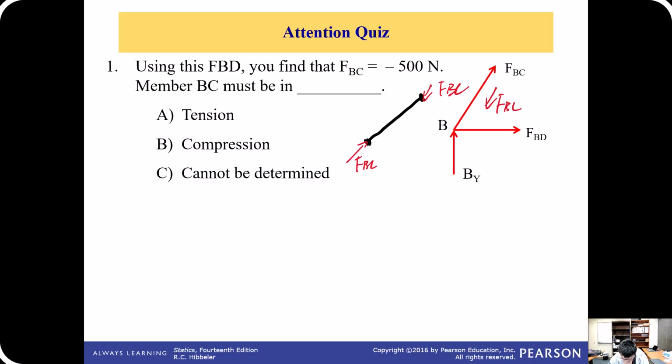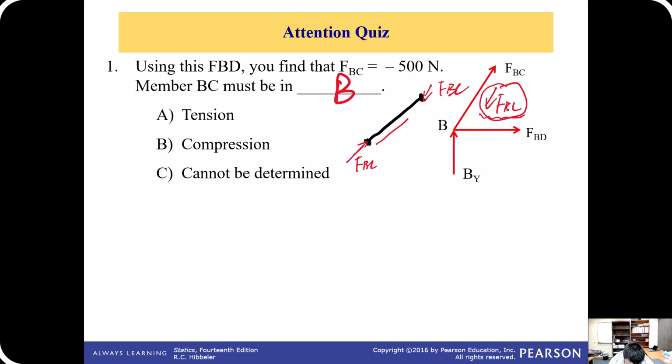FBC is negative, which means FBC on point B is in this direction, and based on Newton's third law, the direction on the joint and the force direction on the member should be opposite. So FBC on the member is in this direction, which means the member is in compression.